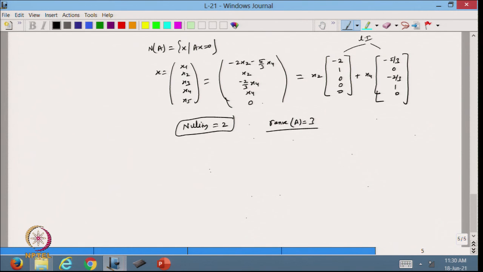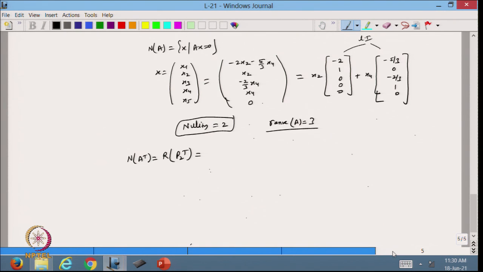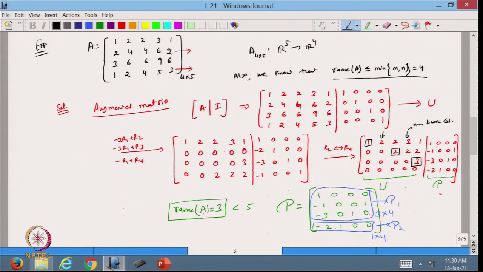Now, this I have written. Now, the null space of A transpose, we can write as the range space of P2 transpose. So, in this case I want to write directly from here, so P2 is this one, minus 2 1 0 0. This is basically what we are writing corresponding to the 0 row.